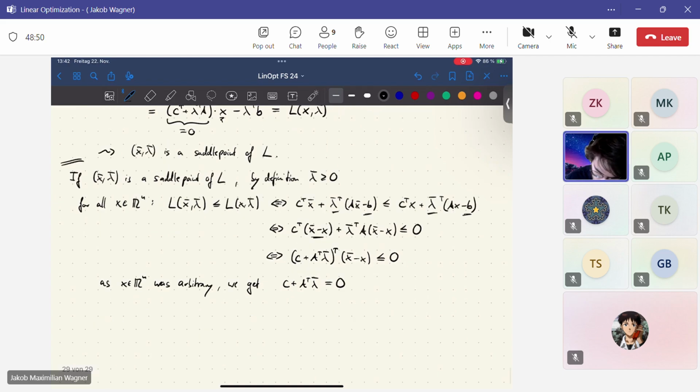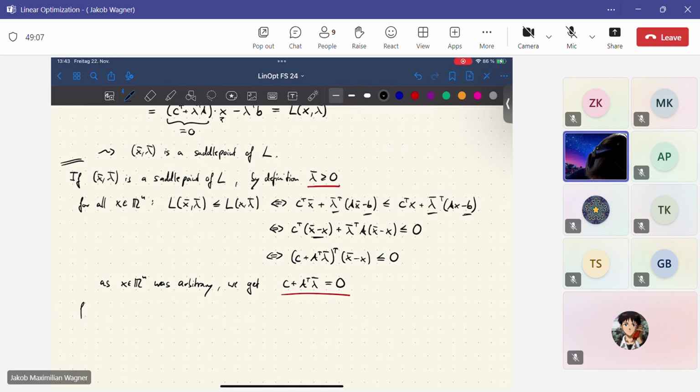Okay, so we now have this condition that's part of the KKT conditions and this one. Now let's see what we can get by using the other property of the saddle point definition.